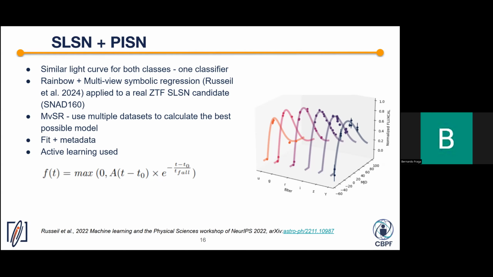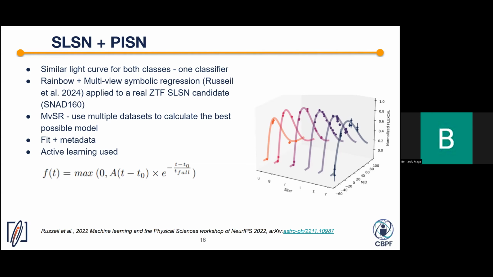It again uses Rainbow to fit all the light curves, but in this case, it did not use a pre-computed function, but instead used something called multi-view symbolic regression, which is a way to do symbolic regression using multiple data sets. And they applied this multi-view symbolic regression to a real ZTF superluminous supernova candidate called SNAD 160. And the best function that was found for the bolometric flux is given at the bottom.